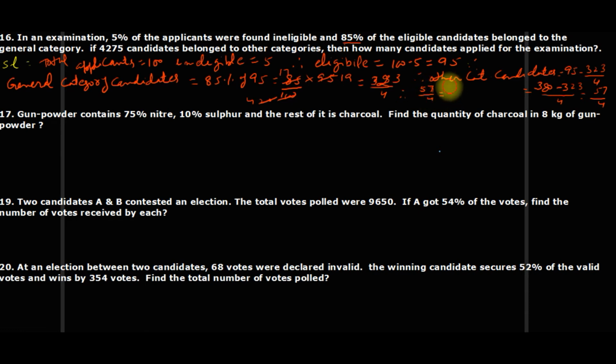Therefore this 57 upon 4 is equal to 4275. Now 100% would be equal to 4275 multiplied by 4 upon 57 multiplied by 100, right?